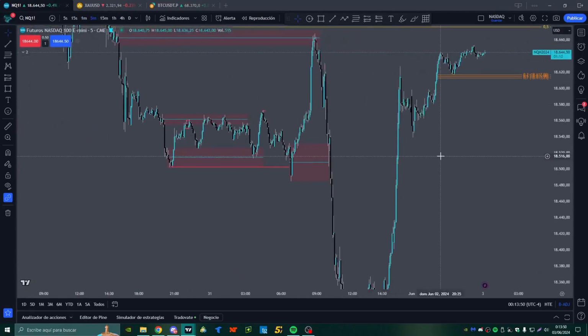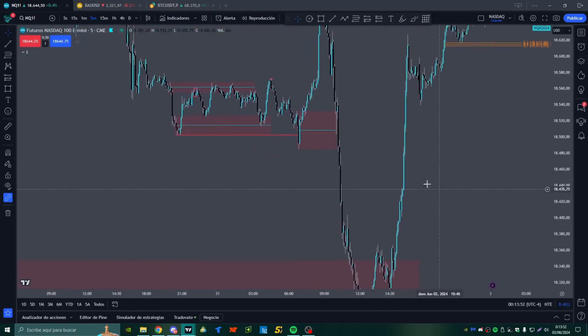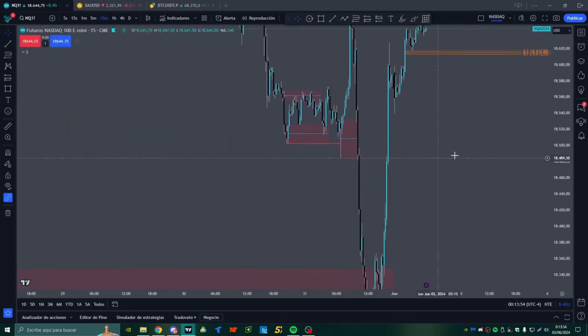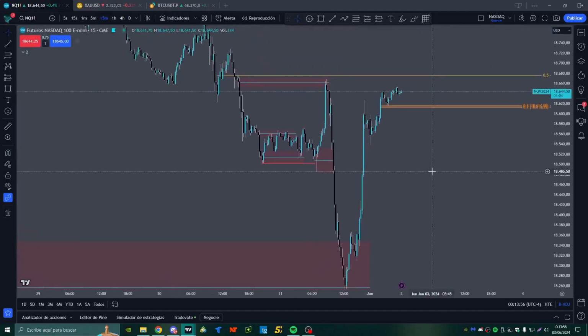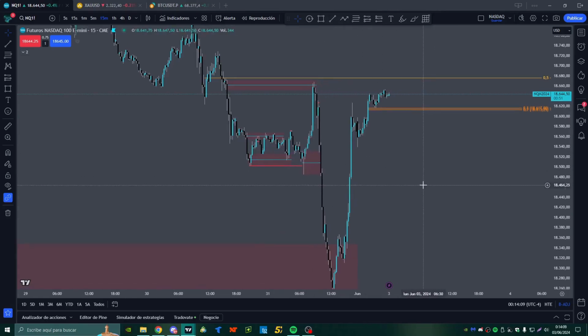I was an ICT trader, by the way. I have 6 years of experience in markets, and ICT gave me the best results. But there came a point when I wanted more. I wanted a system that would allow me to quickly pass account evaluations, in this case, profit evaluations.